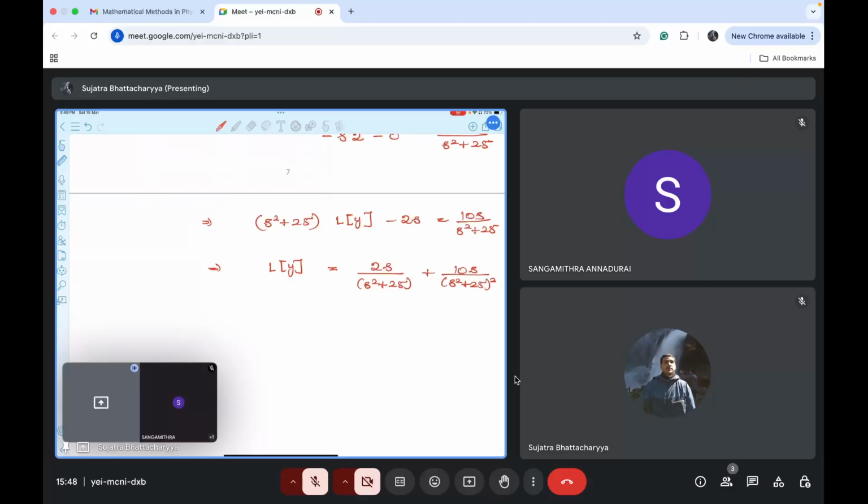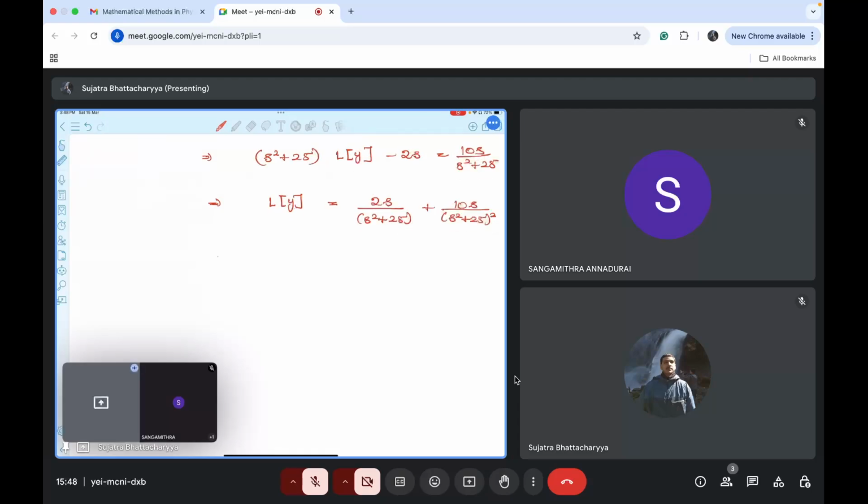Okay, this is done. Next thing is what? You have to take inverse Laplace transform, both sides. Clearly, you can see if you take inverse Laplace transform on both sides, here you will get only y, and then this side, whatever you get is the result.